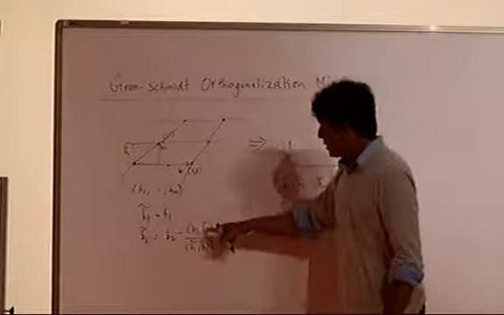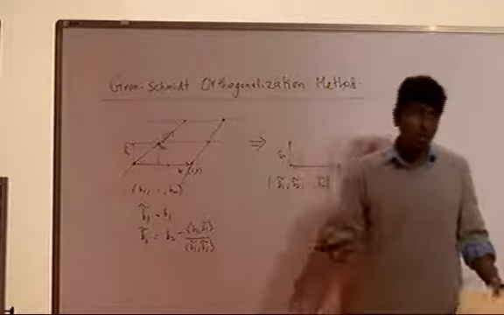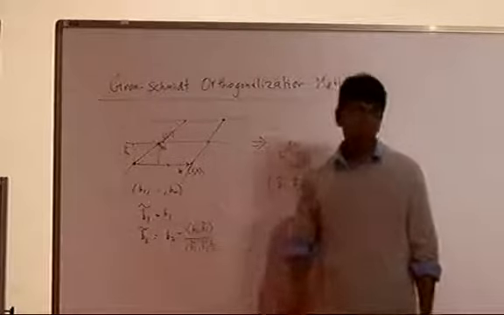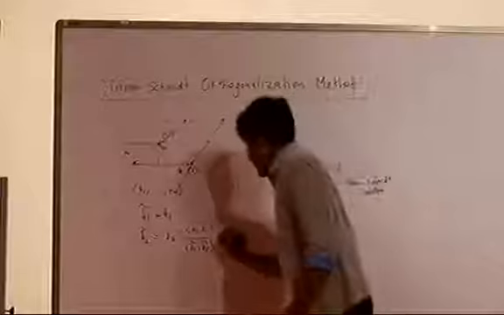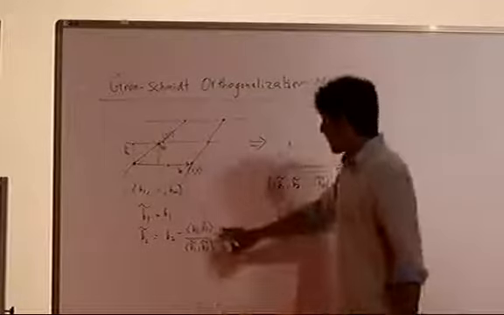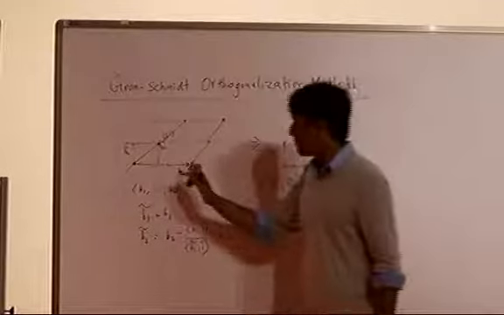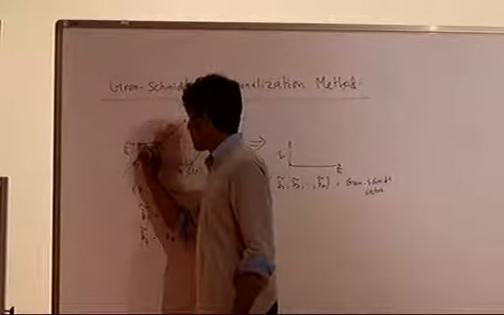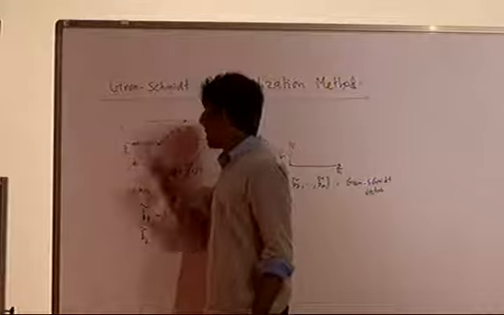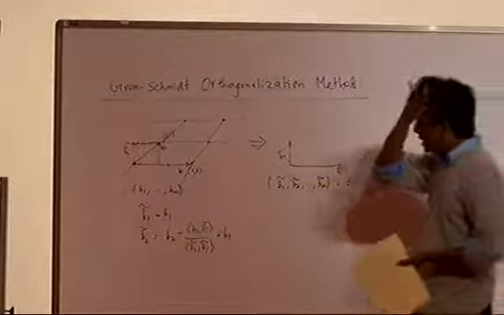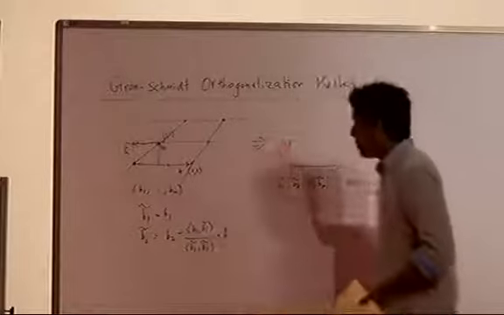It's the inner product of B2 with B1 tilde, which is equal to B1, divided by the length of B1, times B1. So I'm going to take B2, subtract some multiple of B1 from it. I shift it in this direction by some multiple of B1, and that's how I get B2 tilde.